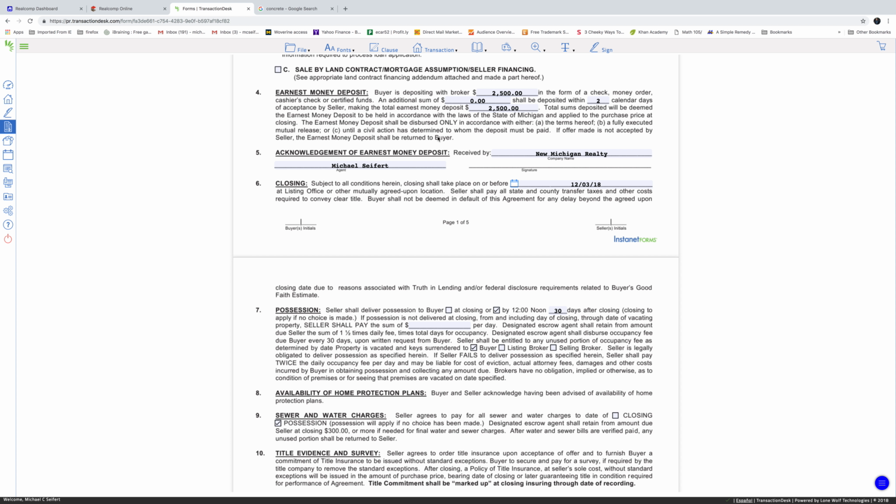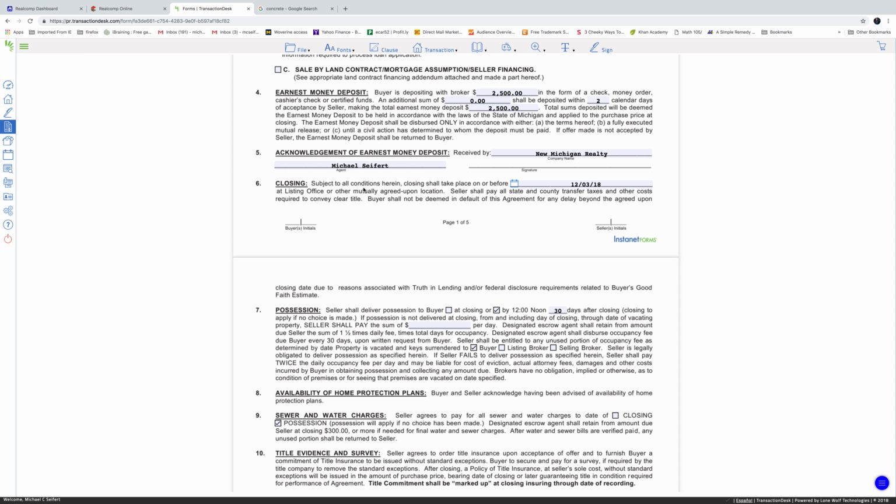It's usually 1 to 3% of the purchase price. So if it's a $250,000 home, we're doing 1% here. If you want to show more seriousness, you'll maybe do 2 or 3%. I've seen them as high as 5%, or it's like, a $15,000 EMD, which is not necessary. So $2,500 to $3,000 in this case is good.